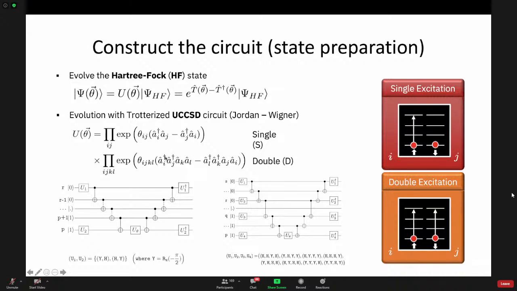And we trotterize this, and then by doing each term, we get these CNOT gates. So we construct this circuit and we use this to prepare the quantum state.